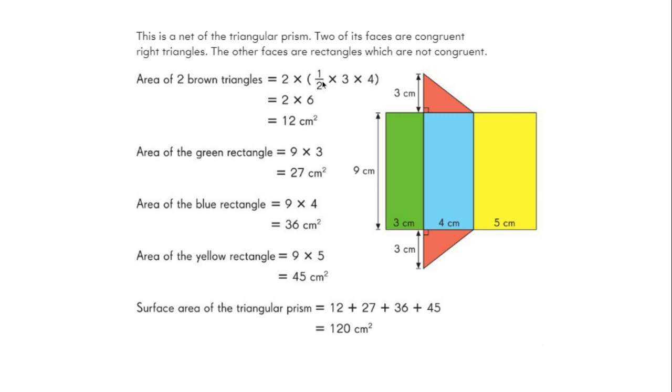And 1/2 times 12 is the same as 12 divided by 2, which is 6. So all of the numbers in the parentheses multiplied together equal 6. Now I'm just left with 2 times 6, which equals 12.